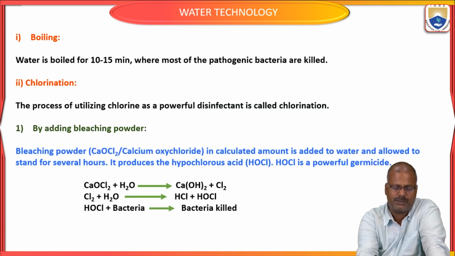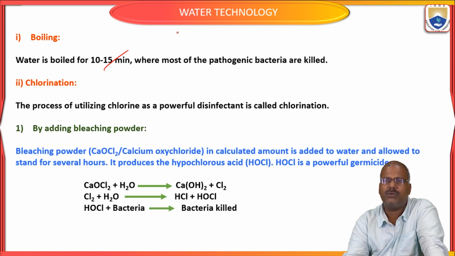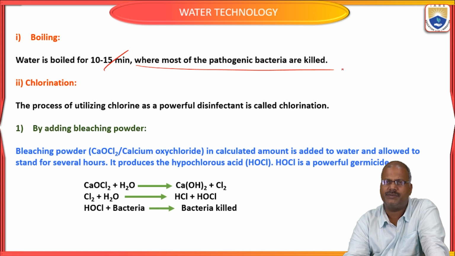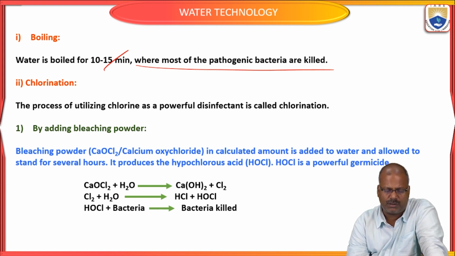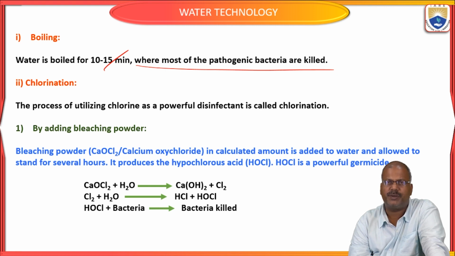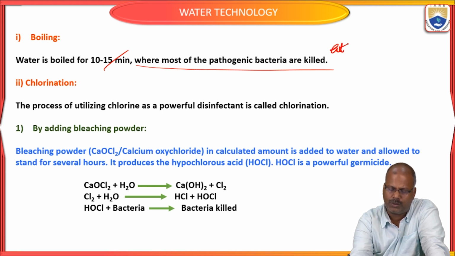Next, boiling. If water is boiled for 10 to 15 minutes, most of the pathogenic bacteria are killed, and it is very safe for drinking or other purposes like cooking. But we follow this at home.